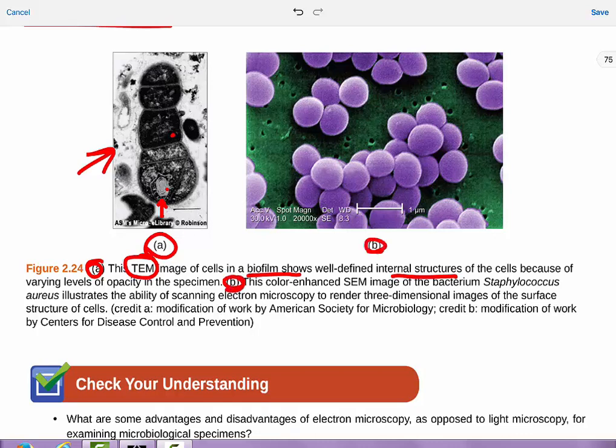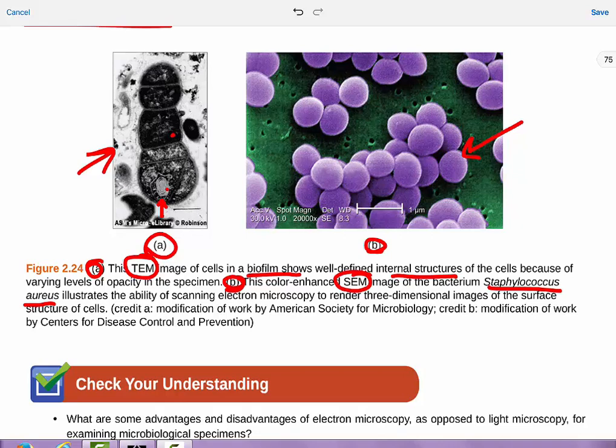B here is an SEM image, the scanning electron microscope image of the bacterium Staphylococcus aureus. Again, this is the one that gives us more of the three-dimensional image. The electrons are bouncing off the surface of these things and bouncing back.